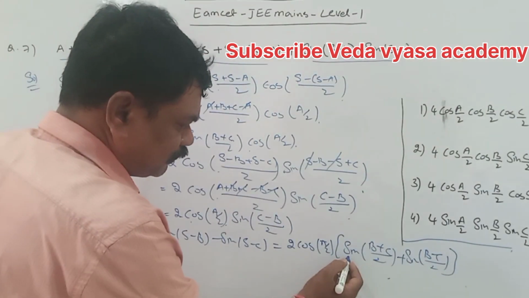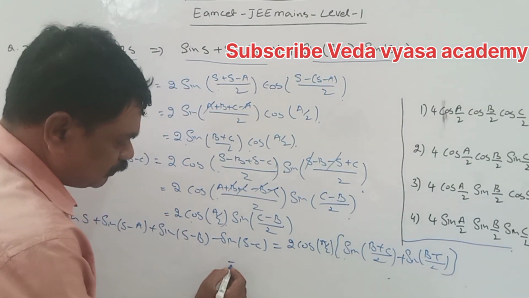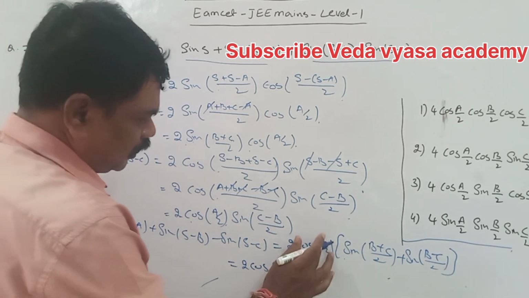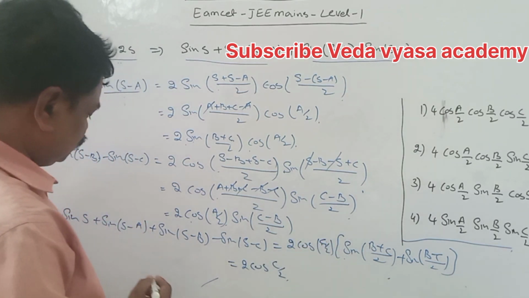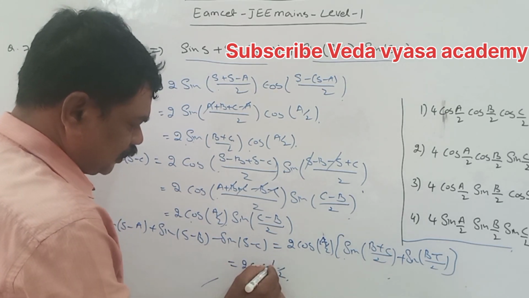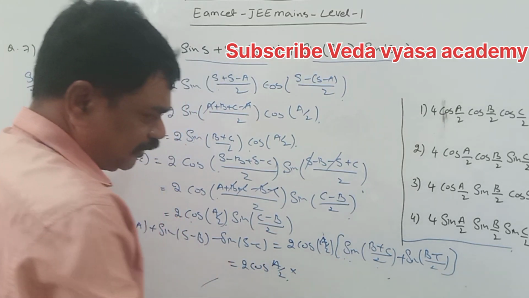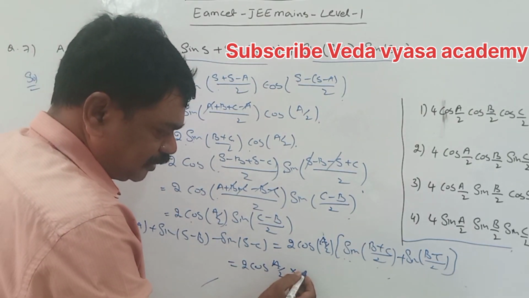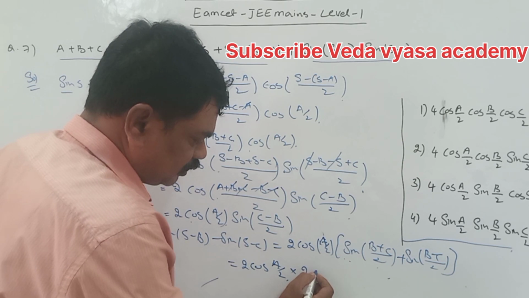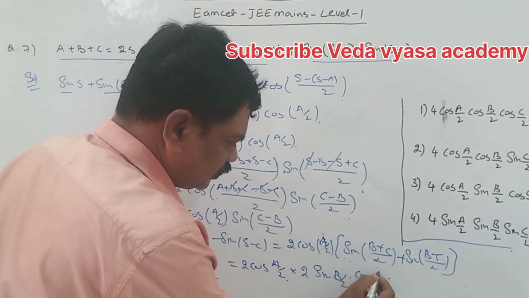So this is in the form of sin C plus sin D. So 2 into cos of a by 2, sorry, a by 2, into sin C plus sin D. Sin C plus sin D is equal to 2 into sin b by 2 into cos c by 2.